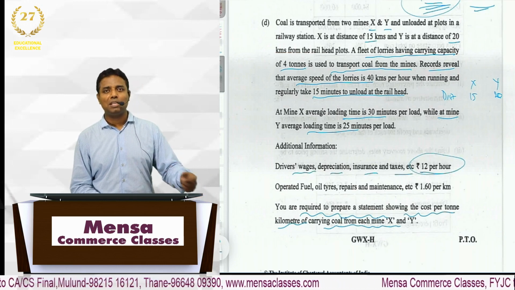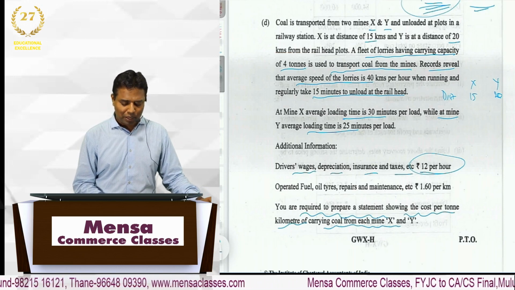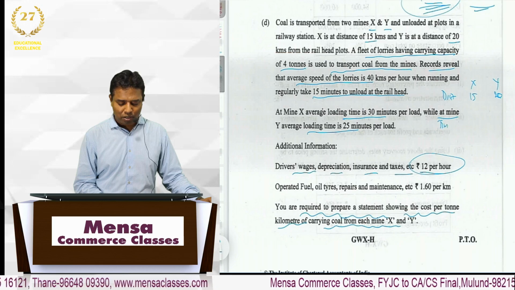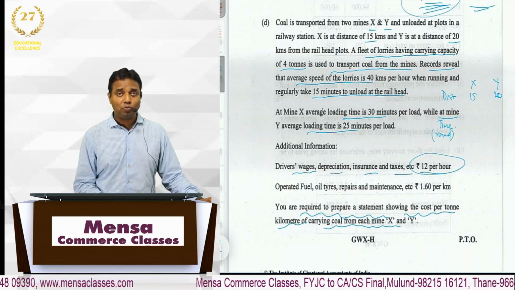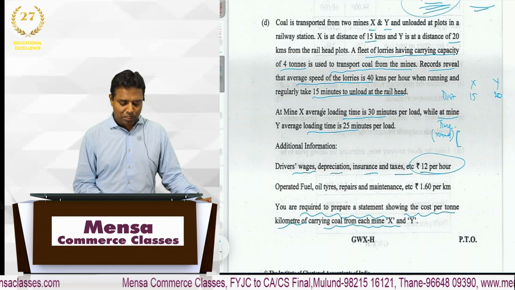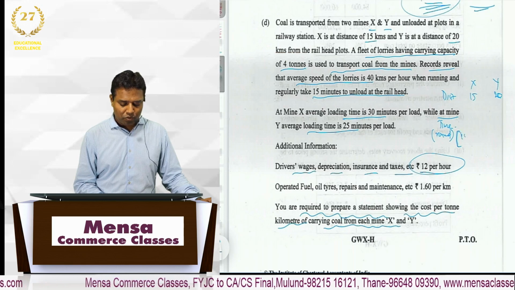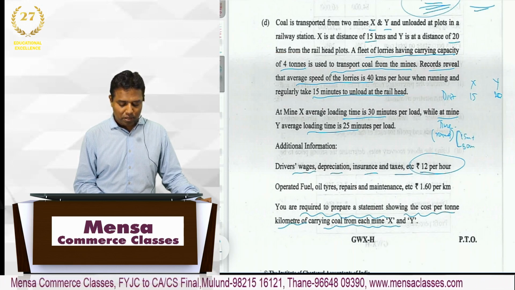So we should know what the time taken is. We'll find out for one trip. What is the time taken for one round trip? First, there is unloading 15 minutes plus loading 30 minutes plus travel.